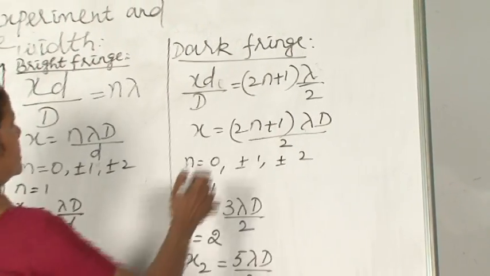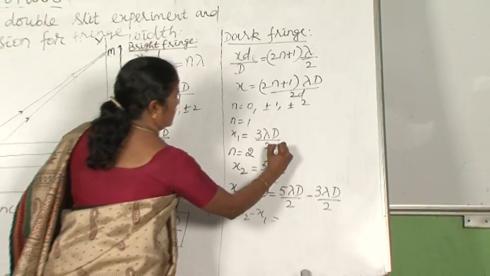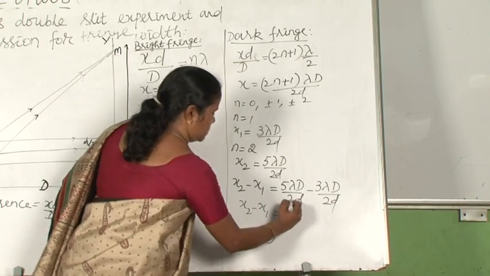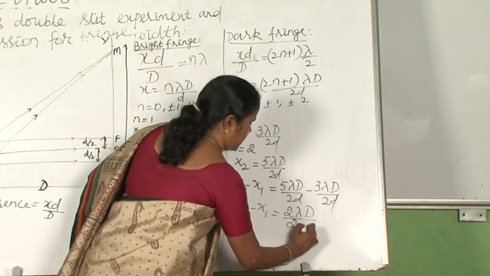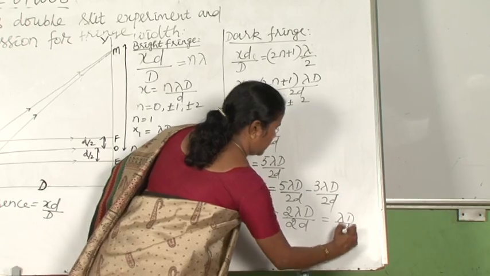Sorry, x is equal to (2n plus 1) lambda D by 2d, here 2d. So now this is 2 lambda D by 2d, which is equal to lambda D by d.